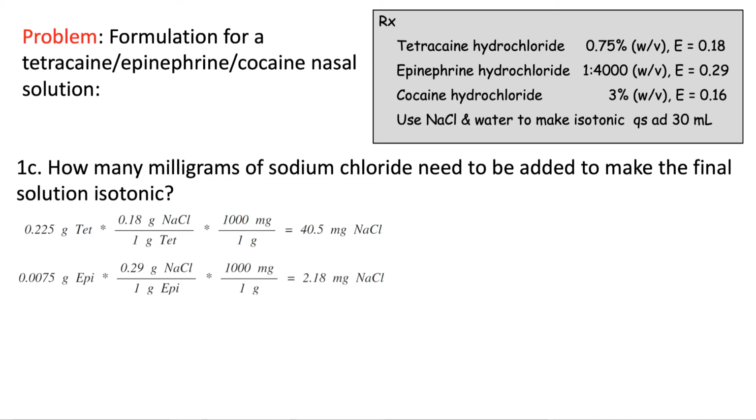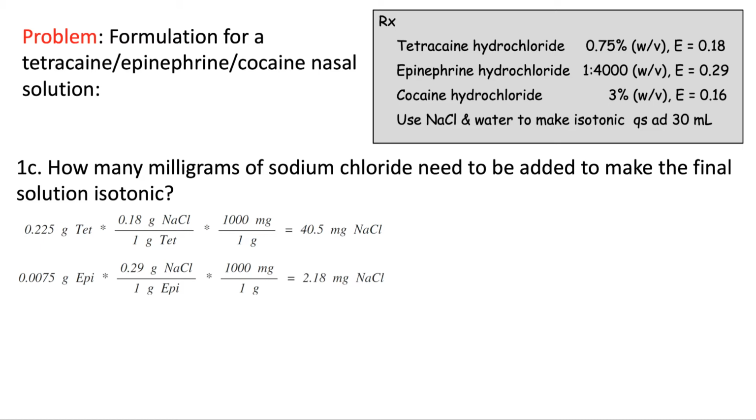Let's do the same process for epinephrine. We're starting with 0.0075 grams of epinephrine, multiplied by its E value of 0.29 grams of sodium chloride per gram of epinephrine, so grams of epinephrine cancel, multiplied by 1,000 milligrams per gram, so units of grams cancel, and my final answer would be 2.18 milligrams of sodium chloride.